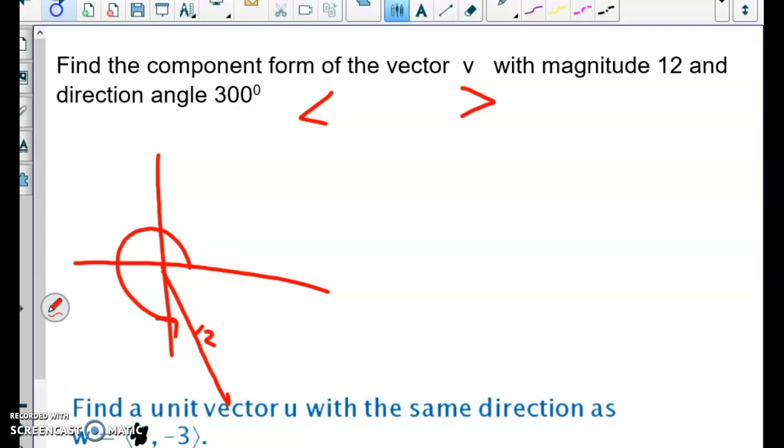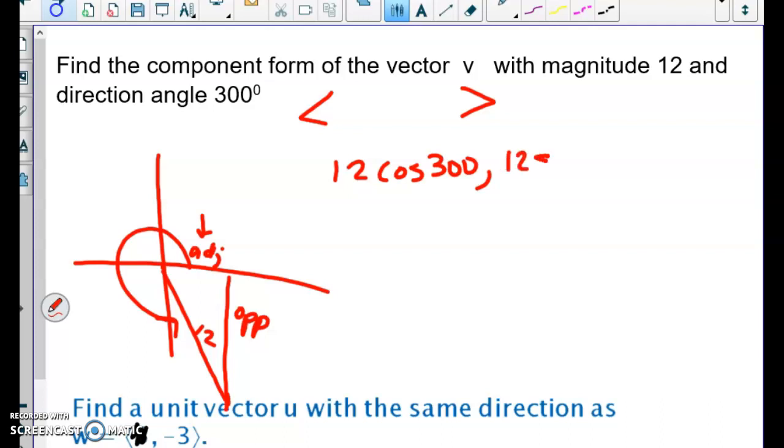So we know that I'm going to go 12. This is the adjacent side. This is the opposite side. And to find the x value, that's the adjacent, I'm going to do 12 cosine 300. And for the y value, I use the sine, using the opposite and hypotenuse.